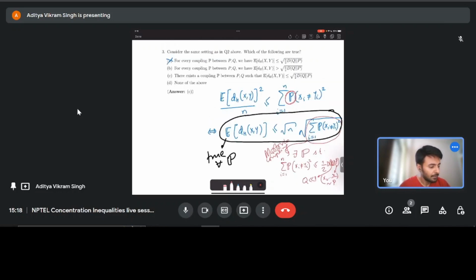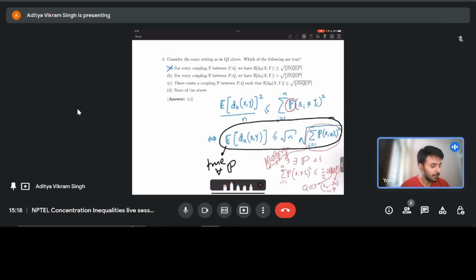So B, for every coupling we have this, is not true, because we know that there exists a coupling for which this happens. So B is also not true.